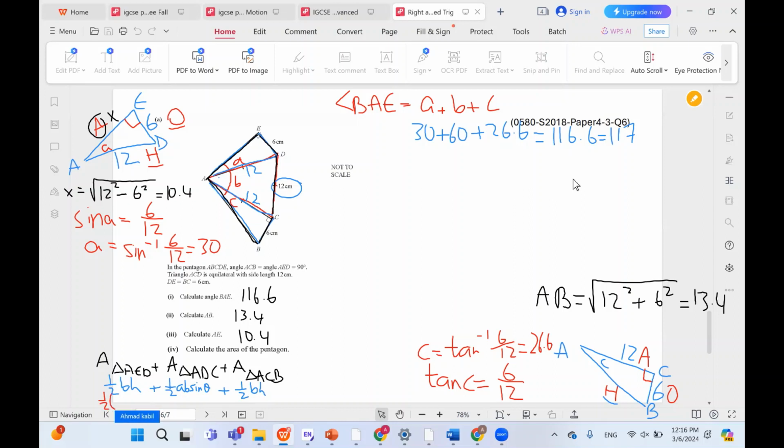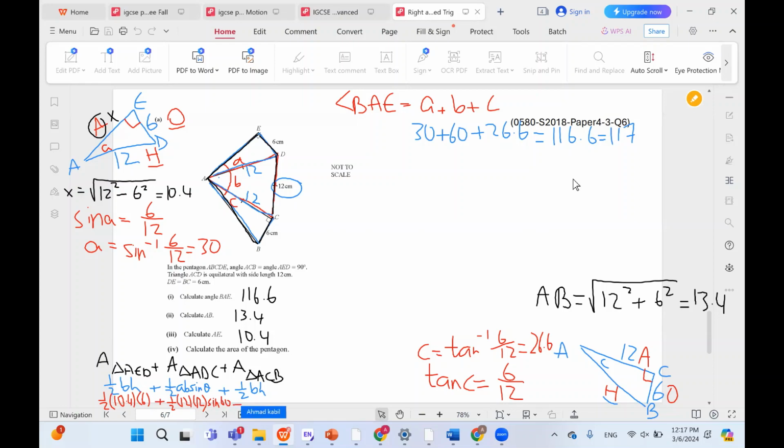So we write half times 10.4 multiplied by the height, which is 6. For half AB sine theta, the two sides are 12. So we just write half times 12 times 12 times sine B, which is sine 60.